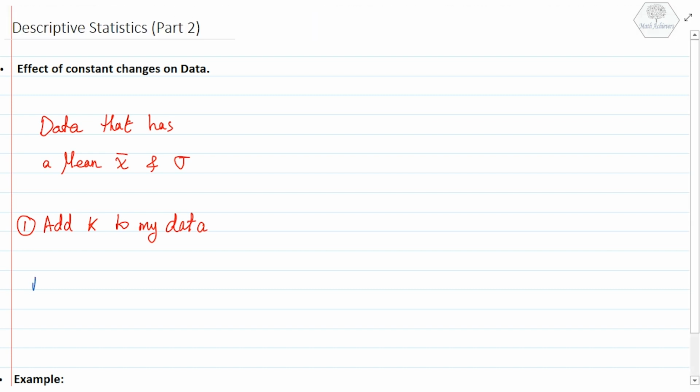So in this case, my new mean, my new x bar, would be equal to x bar plus or minus the value of k, while the new standard deviation, new sigma, will be simply equal to sigma, because sigma is not affected by addition and subtraction.